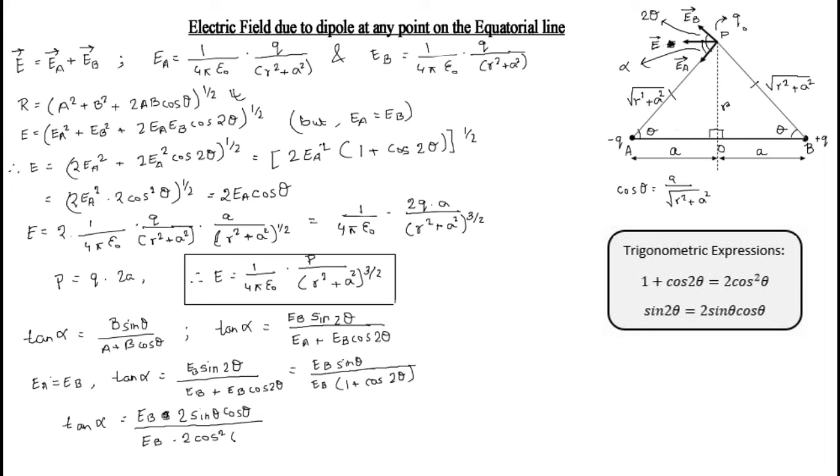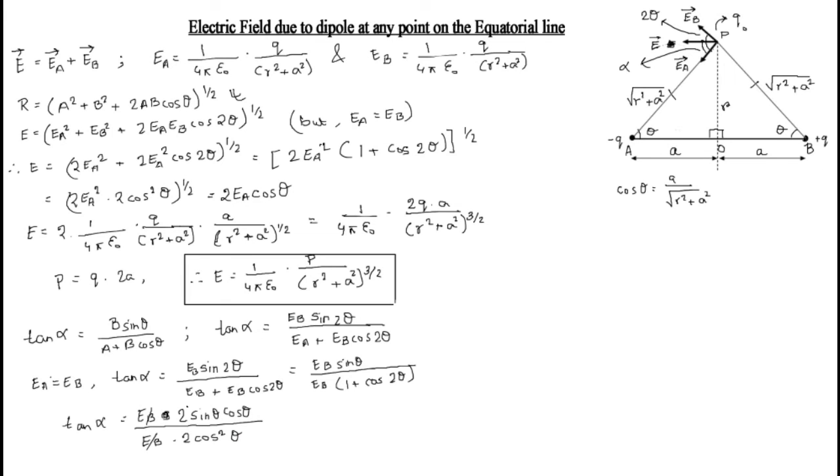We used this once previously. So EB cancels out, one of the cos theta cancels out, and we are left with tan theta. In the numerator there was sin theta, in the denominator cos theta, so we are left with tan theta. Therefore alpha is equal to theta. From the inverse trigonometric property we can write that alpha is equal to theta. Thus the diagram's alpha is equal to theta.